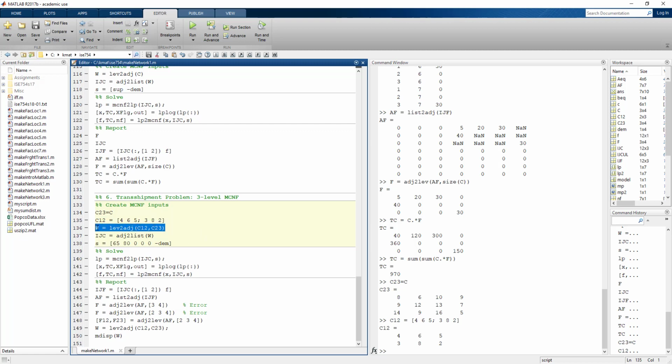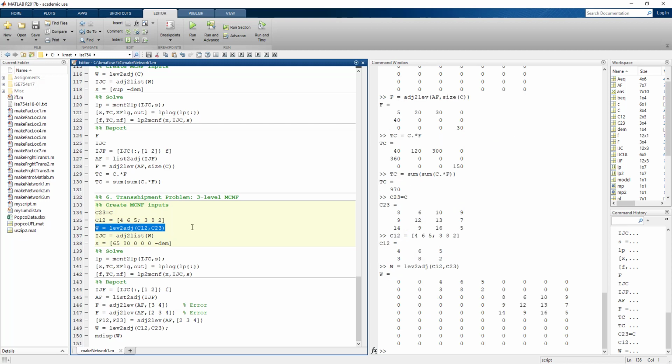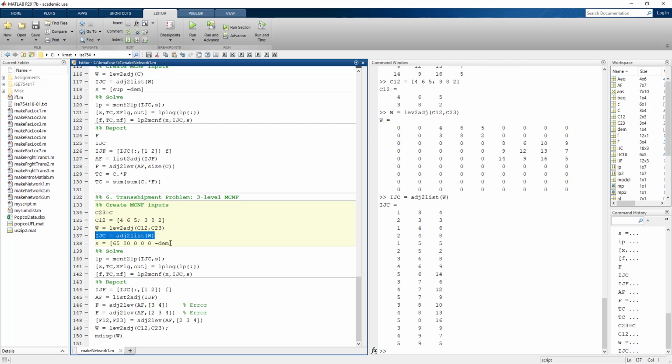And then we can use the level 2 adjacency to create the underlying adjacency matrix, convert that to an arc list representation. And then for this one, we're going to create the net node supply by using as a supply the values 65 and 80 for the 2 new nodes in level 1.